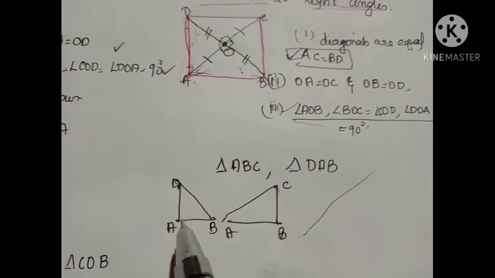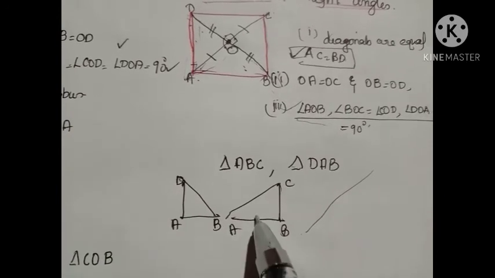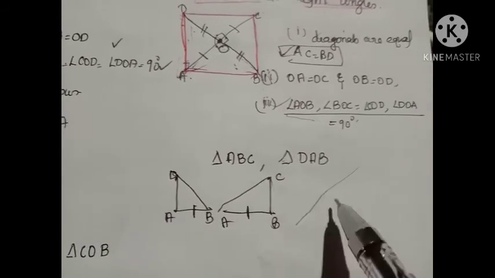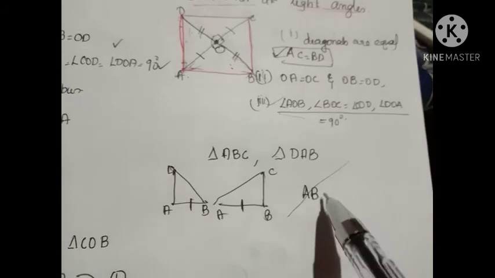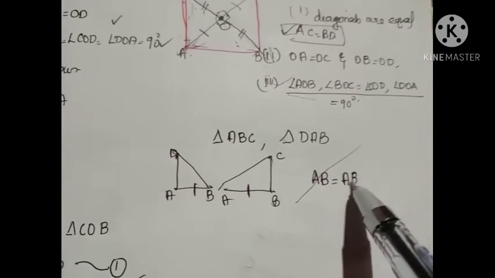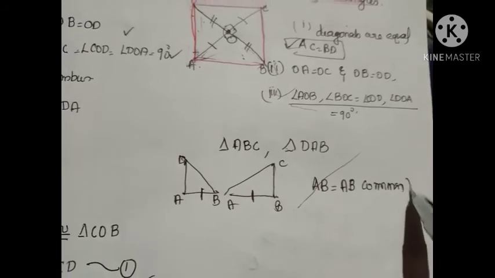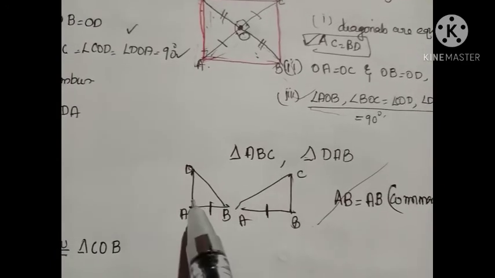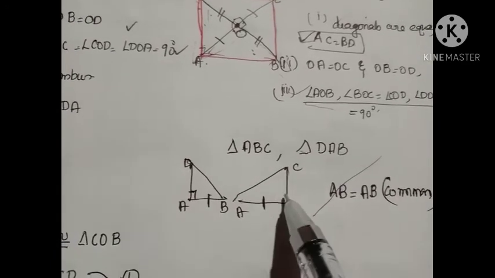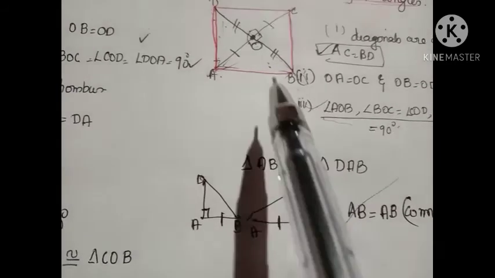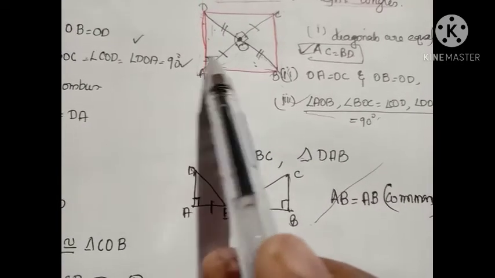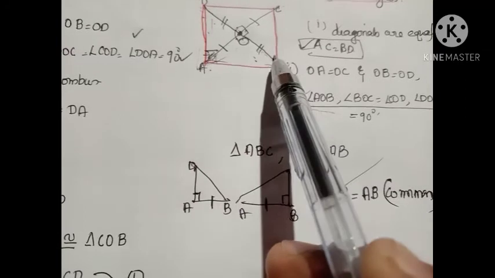So listen, in DAB and ABC, what's the common side? Yes, AB is common. So AB equal to AB. It is the common side. Okay. Now what about this angle? Angle A and angle B. Angle A, it is 90 degree. What is angle B?